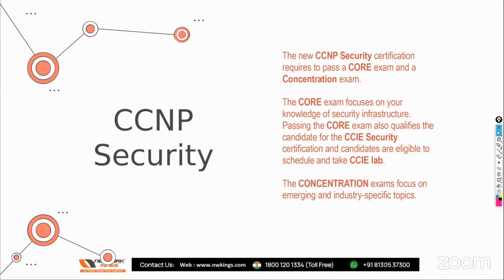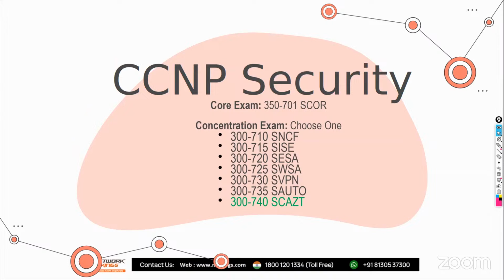So from the perspective of CCNP security, the core exam is your 350-701 SCOR.